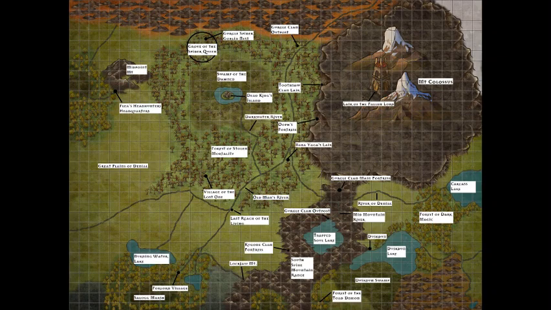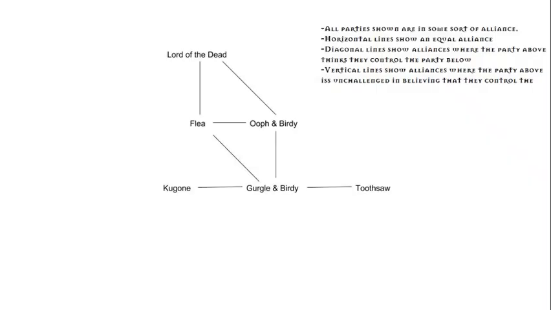Yeah, it's interesting that they both know about each other. So I'm very curious, and actually they're both kind of in, I don't know if they're in different alliances. I mean, no, they seem similar. Let me pull that back up. They're Oof and Birdie.